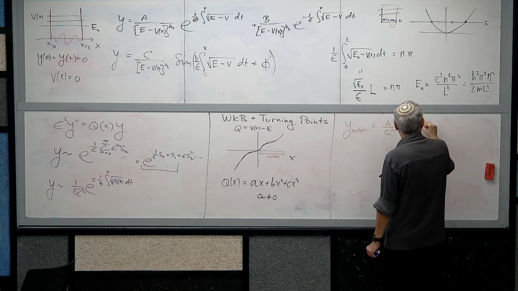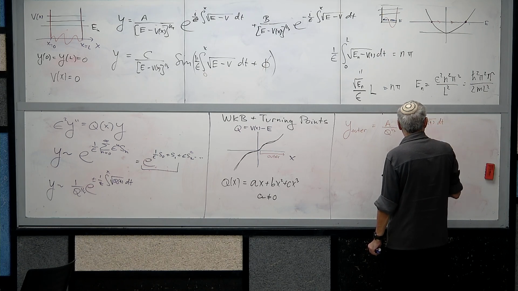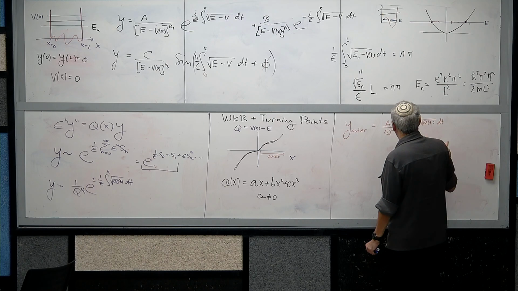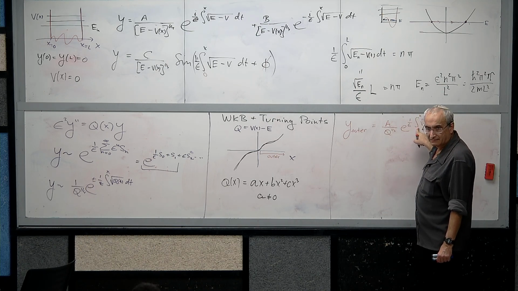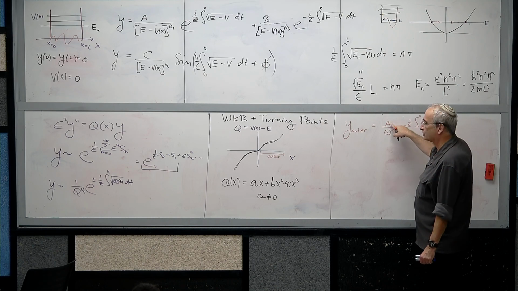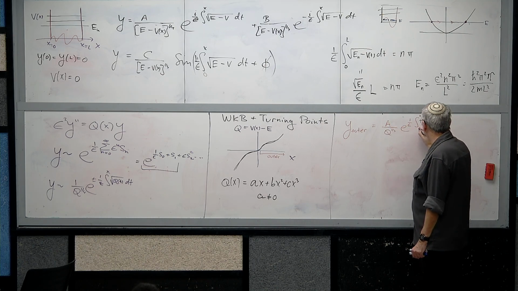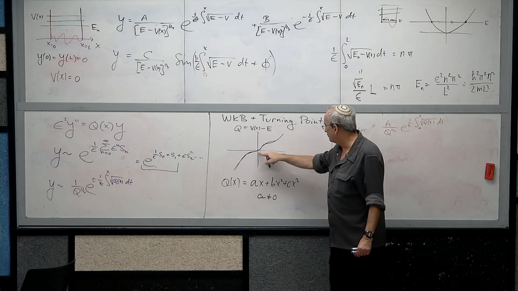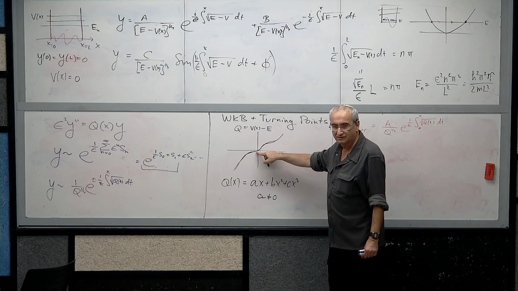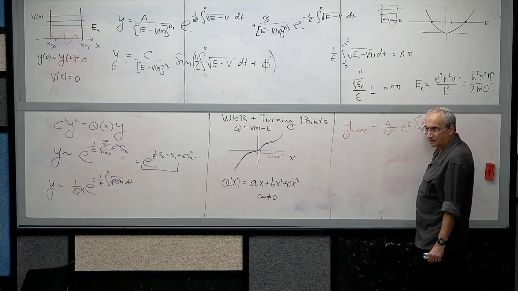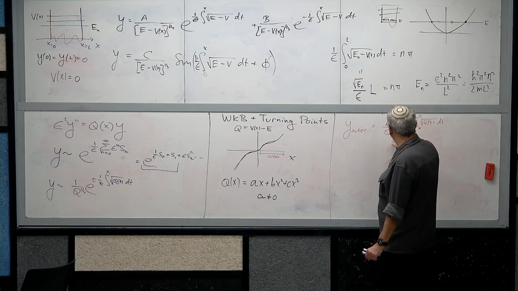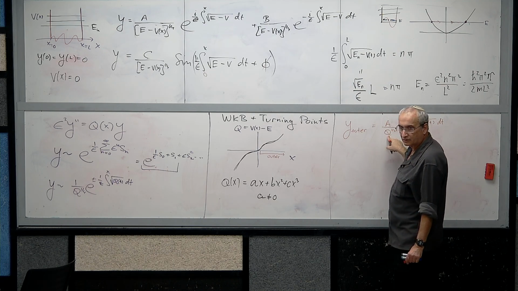I have the integral up to x of the square root of Q of t dt. What is the lower bound here? Whatever I like. As we said, it's just a redefinition of A, so I'm taking it to 0. Although I cannot continue the solution to 0, I can still put 0 here because this integral is not what blows up. This is completely fine. At 0, my problem is with the Q to the power of 1/4.